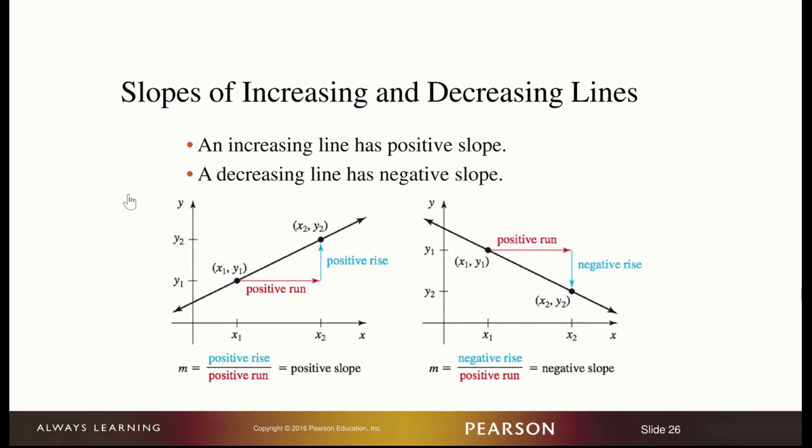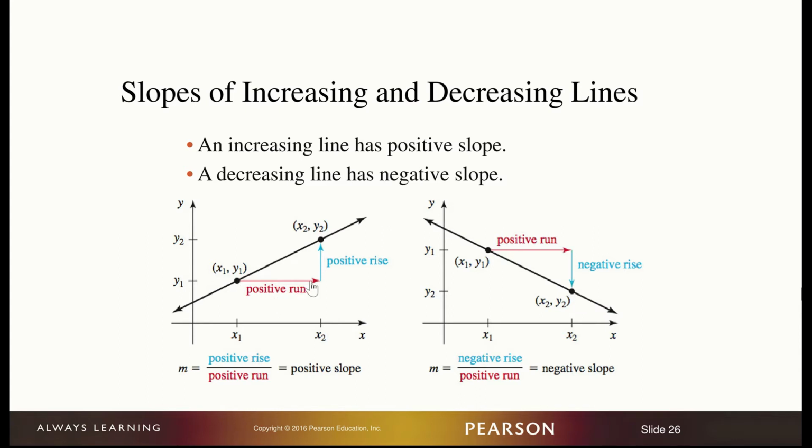So as far as categorizing positive and negative slopes, notice that a positive association corresponds to a positive slope of the line associated with that association, and a negative association would correspond to a negative slope.